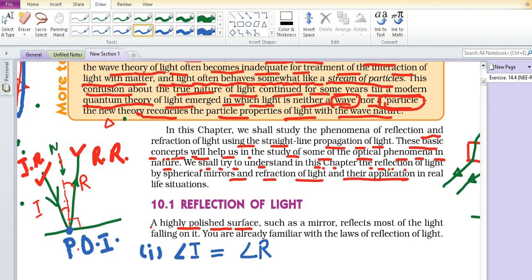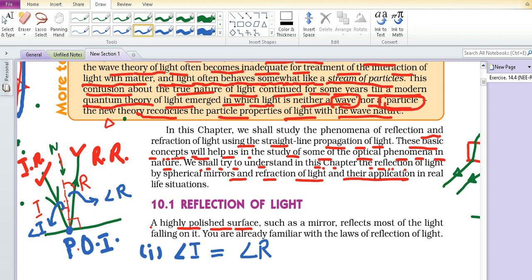So this angle will be angle I, and this angle will be angle R. So angle I equals angle R. This is the first law.